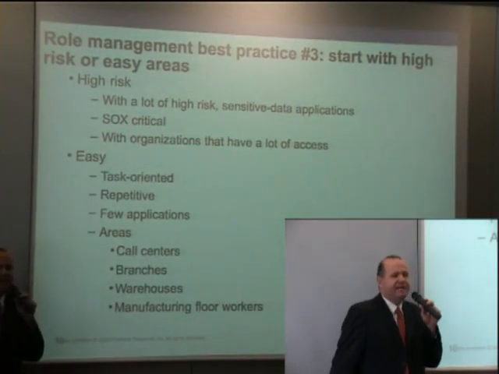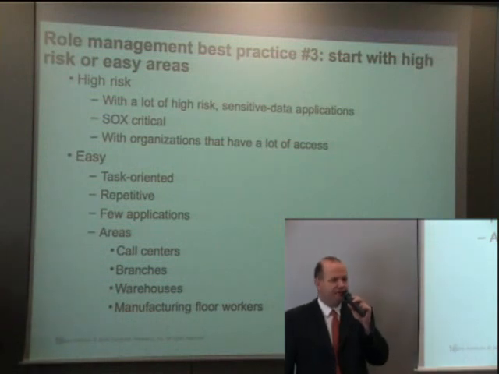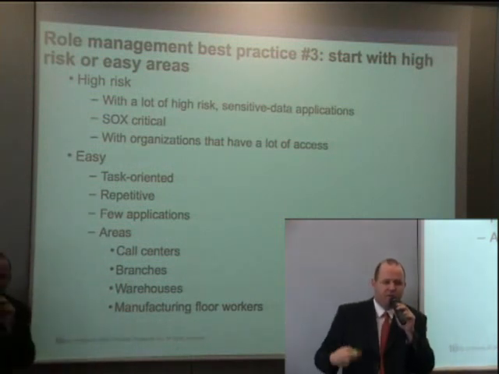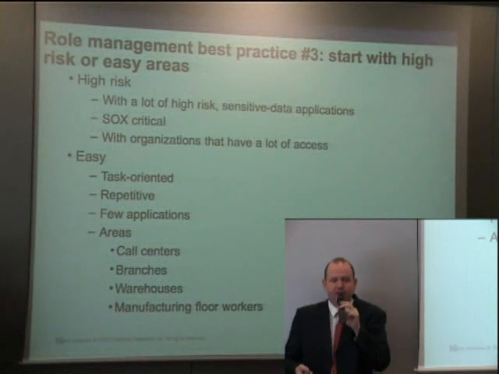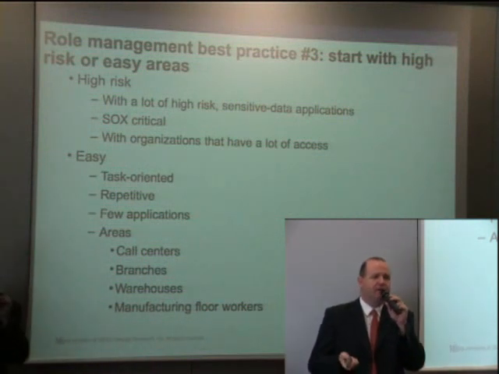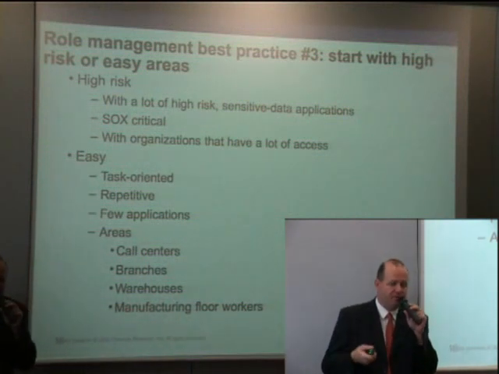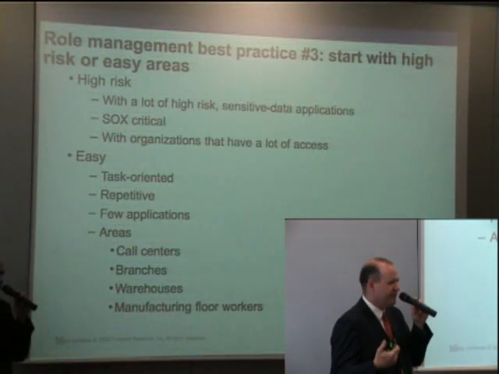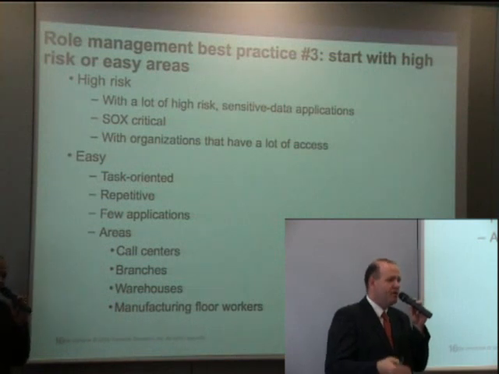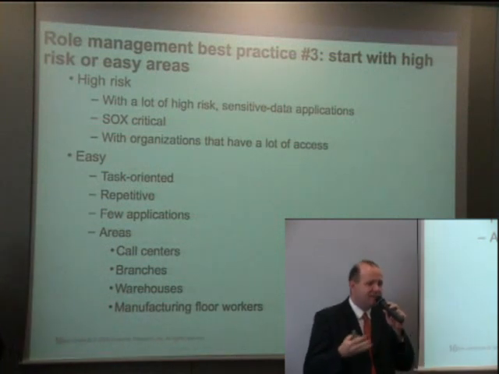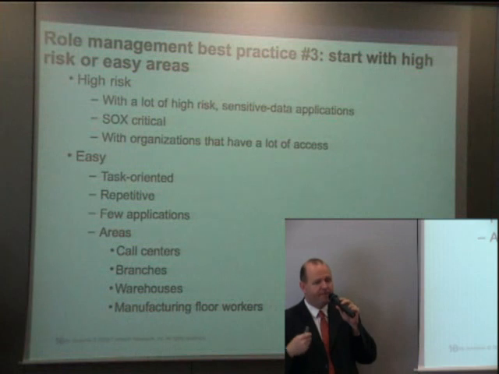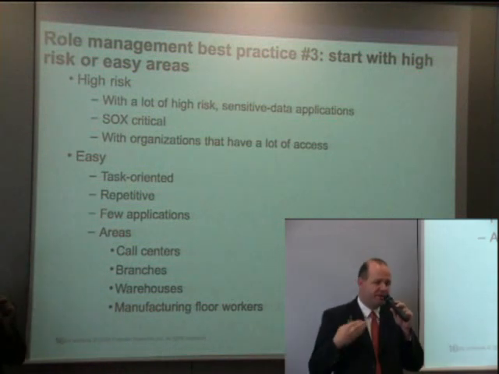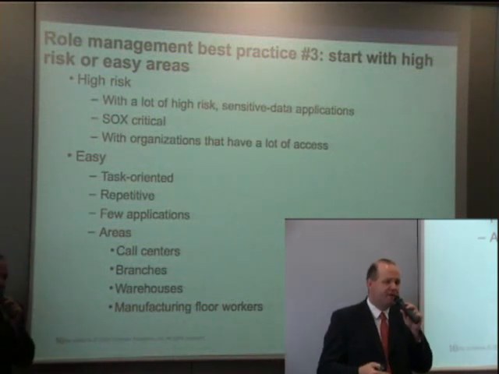Or the other way, you can start with the easy pieces, right? So some of the easy areas that people look at are task-oriented areas of the company. So places like call centers, places like warehouses, where you have people doing the exact same kind of thing over and over again, which is very mechanical, very repetitive, very task-oriented.